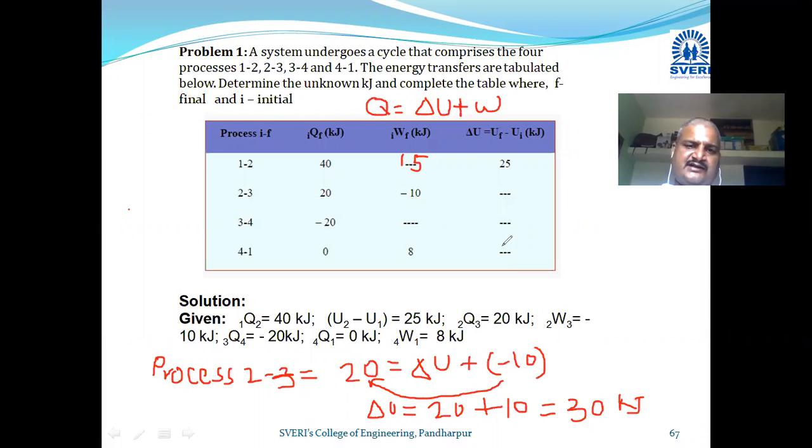Is there anything difficult? Very easy equation and very easy answers. You will have to write it simultaneously with me. So here the process 2 to 3 is also completed.